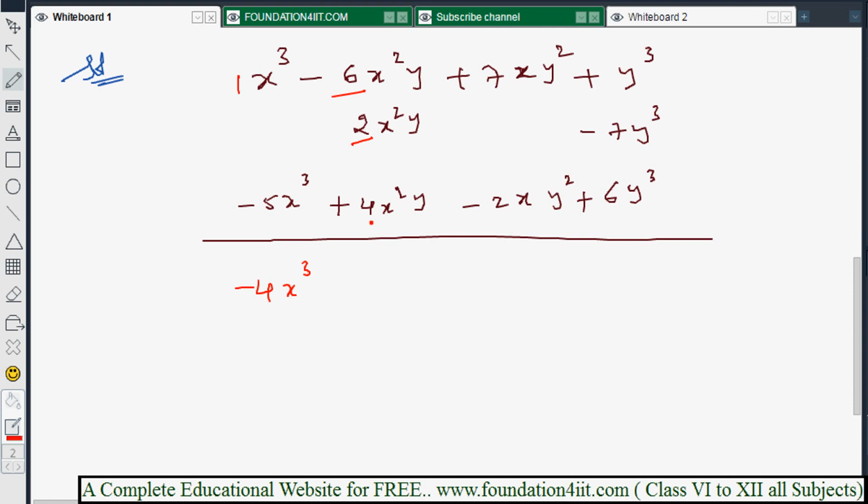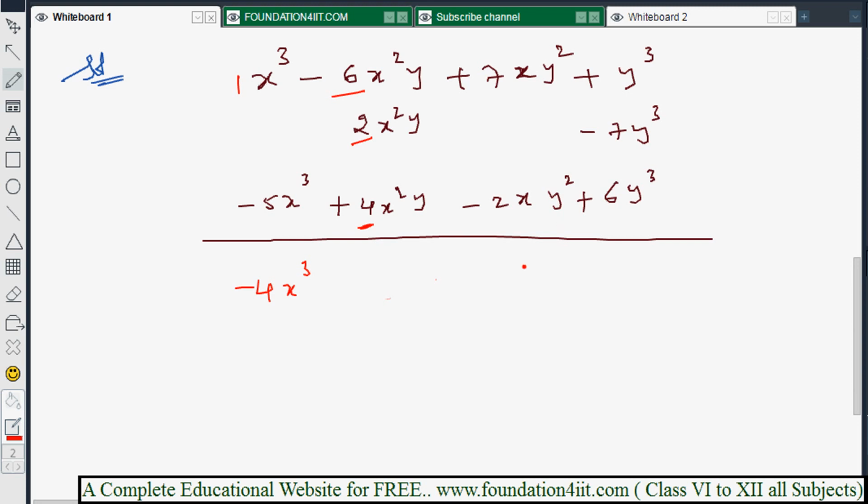Minus 4 plus 4 is 0. So 0 into x square y means it is completely 0, so we need not write it. Whenever you get the coefficient 0, just leave it, because 0 into something is 0. Once you get the coefficient sum as 0, neglect the variable.